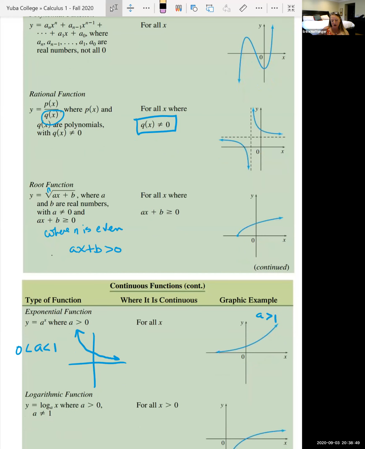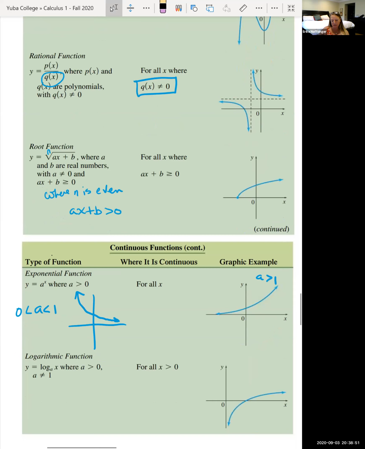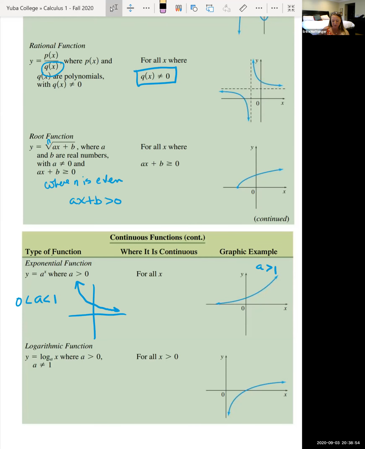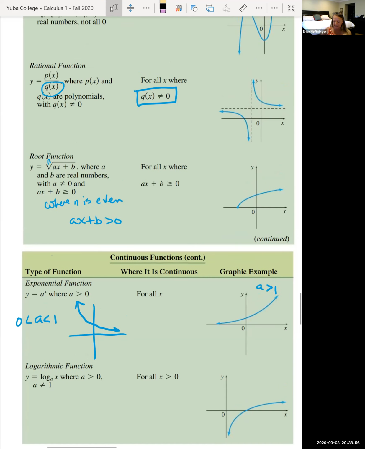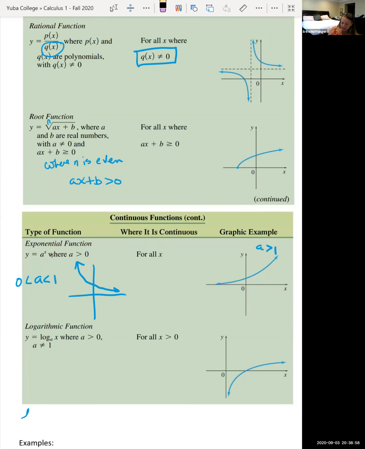Log functions are inverse functions of our exponential functions. And there is a rule, which I didn't state, that says if a function is continuous, then so is its inverse.